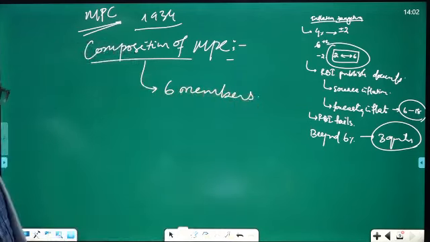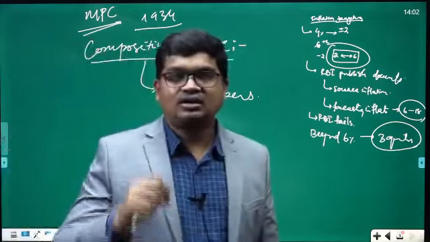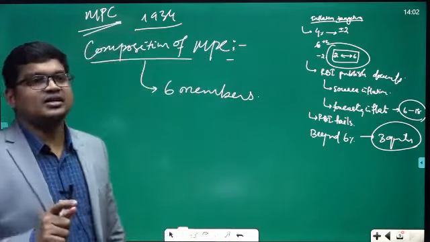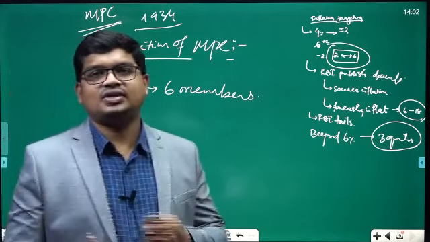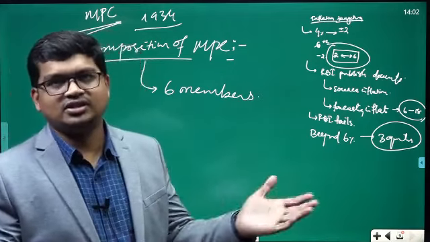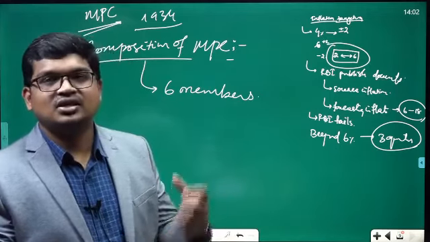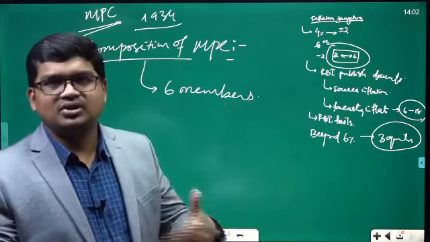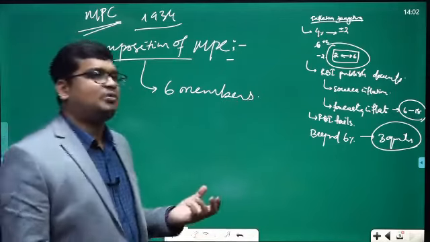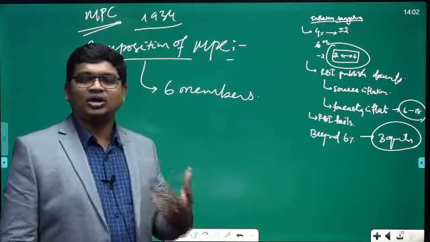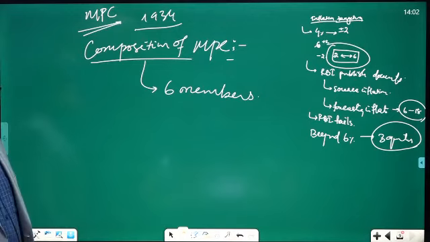I think it was asked in 2017 who is the ex officio chairperson of this committee. They can ask about the members, about the composition, and about their appointment. So let's discuss that. A 6 members committee.